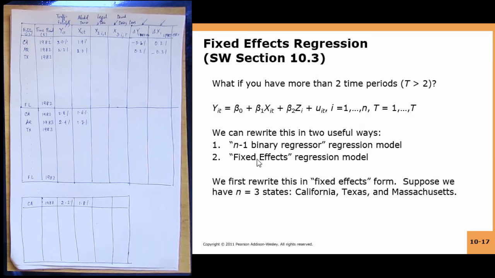You could just do it using n minus 1 binary regressors. What is a binary regressor? It's a dummy variable. So you remember, if you have 48 states, you could include 47 dummy variables, one for each entity. That is the n minus 1 binary regressor model. Or you could do it using something called the fixed effects regression model. So first we will talk about the fixed effects form.